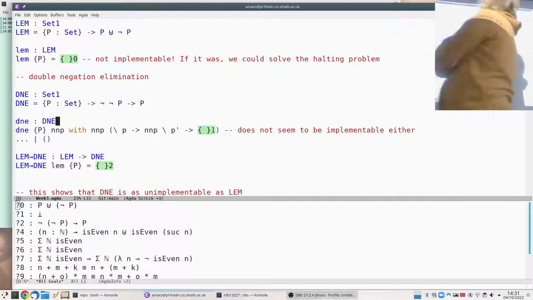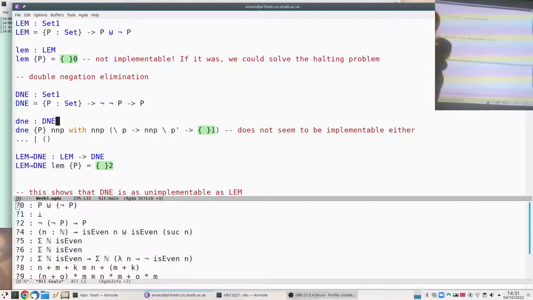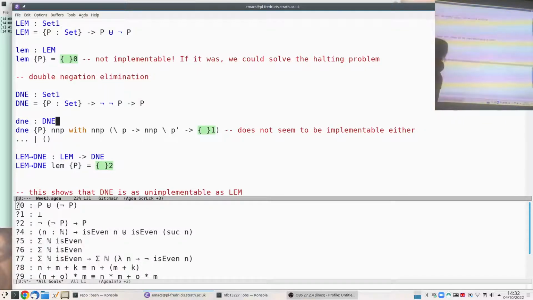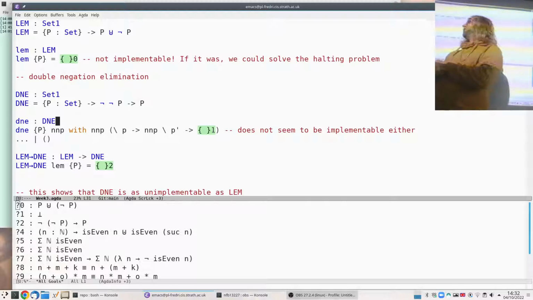If you had a concurrent processor, you could imagine trying both at the same time and seeing which one works. But the downside is that you can never trust anything the machine does in the meantime because you don't know which branch was actually the right one. So if you print something while you're trying to do this, that printing should never have been printed because it was printed in the wrong branch.